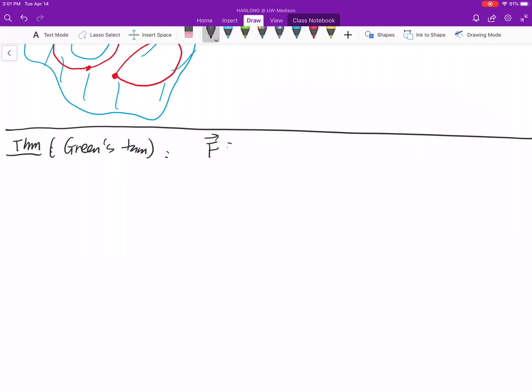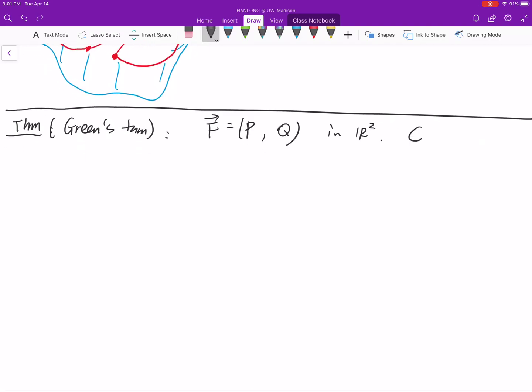So let F be (P, Q) in R2, and then C is counterclockwise oriented. I will talk about the orientation in just a moment.